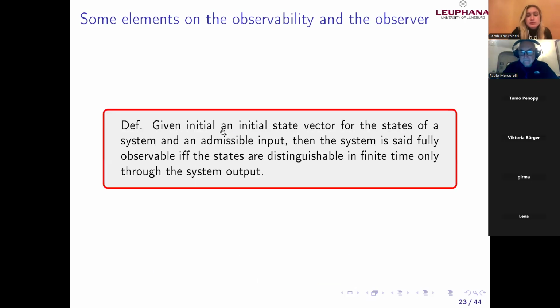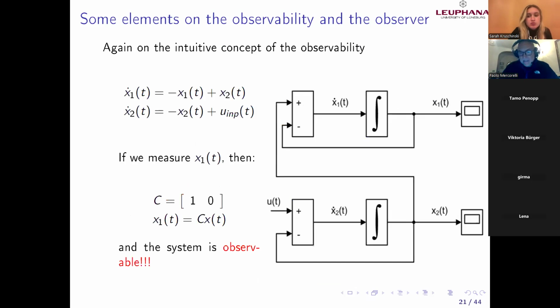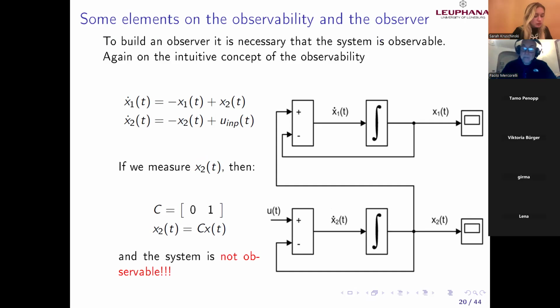Let me come back. This is important to understand. Here, for instance, this system is observable or not observable depending on what I measure. Look, here it is observable because I measure x1. Here it is not observable because I am measuring x2.